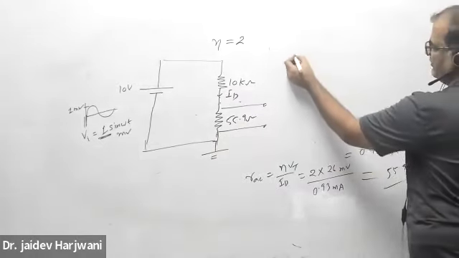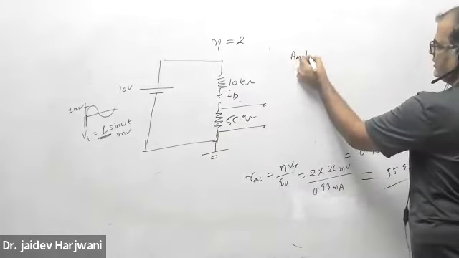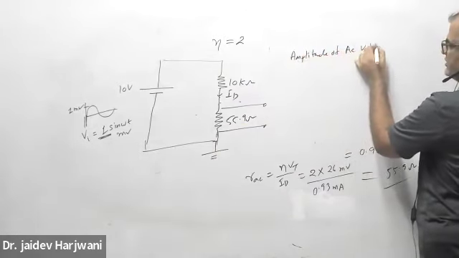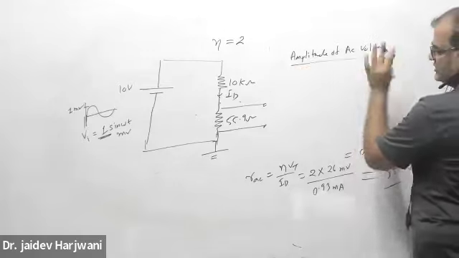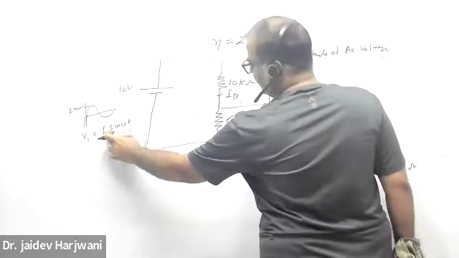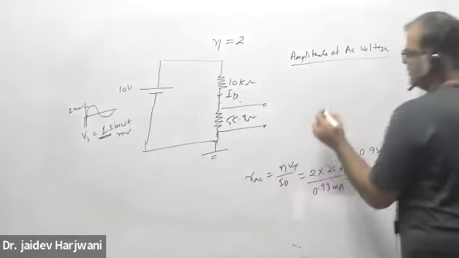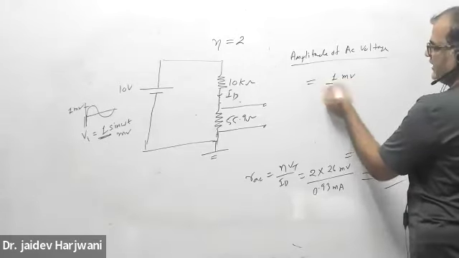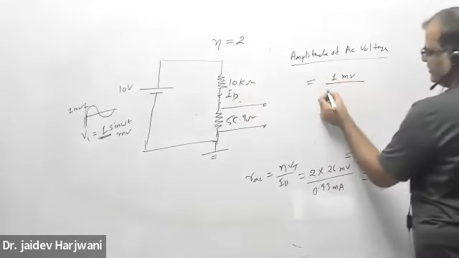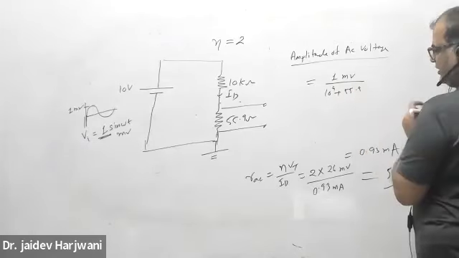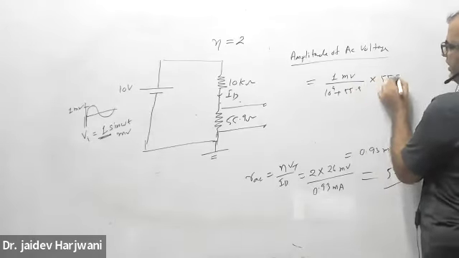So the amplitude of AC voltage is asked. So now this 1 millivolt amplitude is getting divided here. That will be equal to 1 millivolt amplitude, getting divided between 10 to the power 4 ohm plus 55.9 ohm, into 55.9.